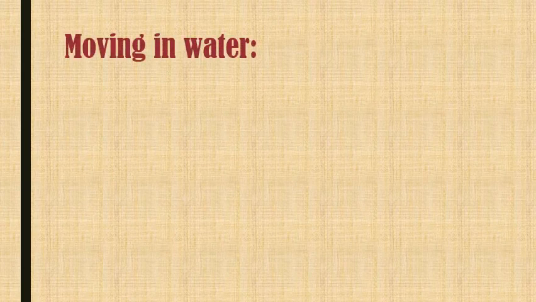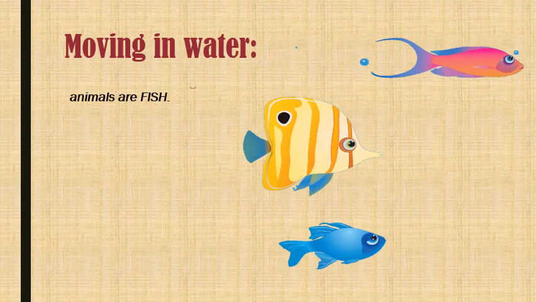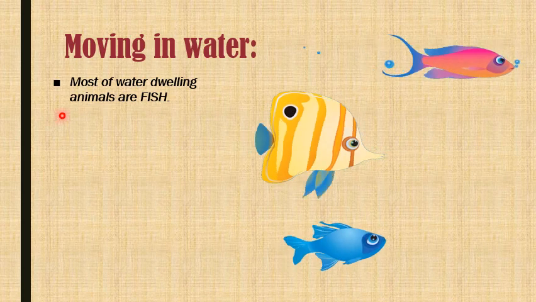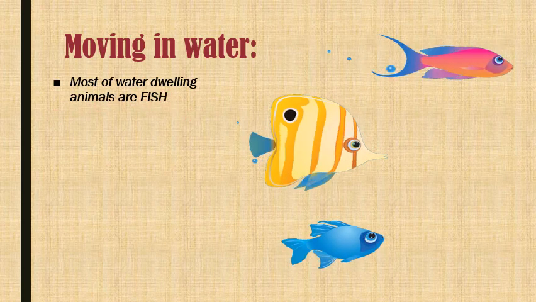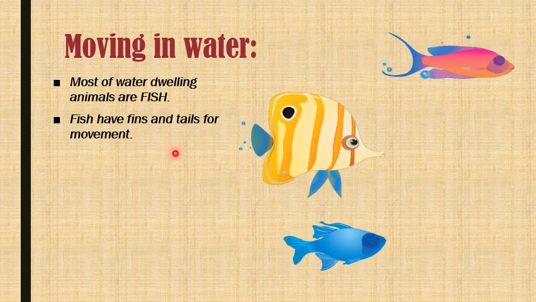So here comes another type of animals according to the movement, and these are animals moving in water. What are the animals that move in water? Most of the water dwelling animals are fish, as we know. And how do these fish move? Fish have fins and tails for movement.